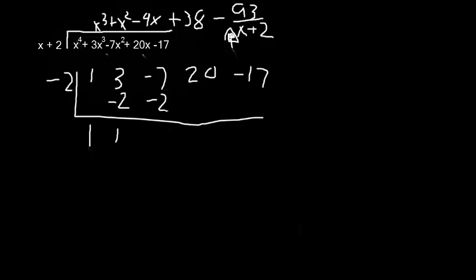And when you add, make sure you add, don't subtract. Let's see if you can see the pattern. So negative 7 plus negative 2, so negative 7 minus 2, negative 9.